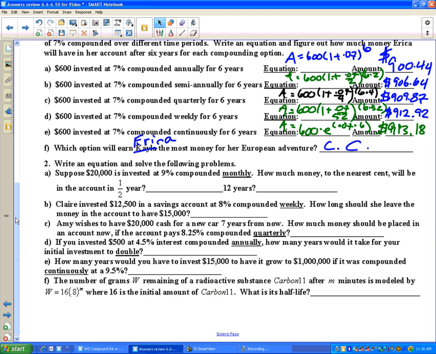Suppose $20,000 is invested at 9% compounded monthly. How much money to the nearest cent will be in the account after half a year? And then after 12 years.